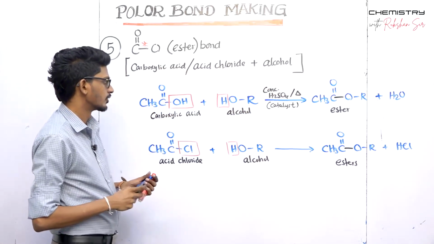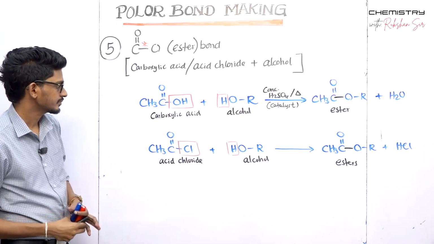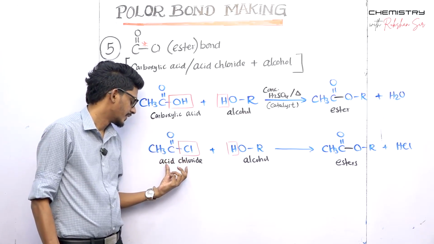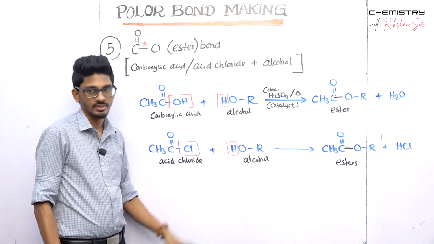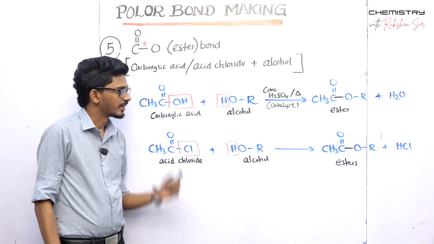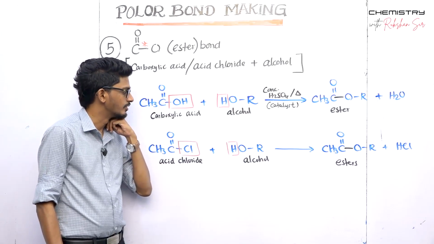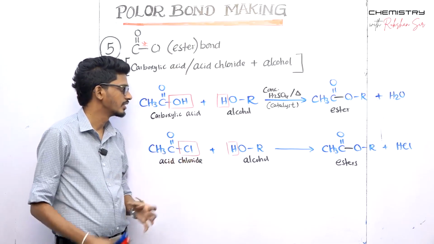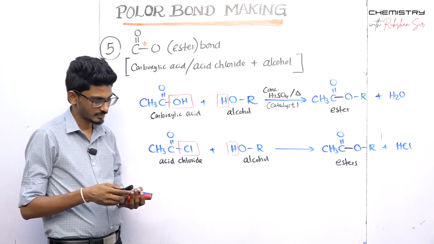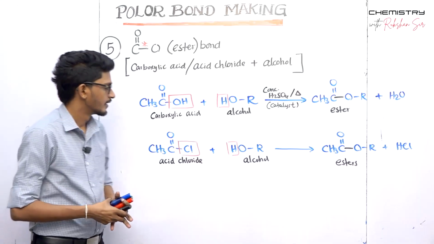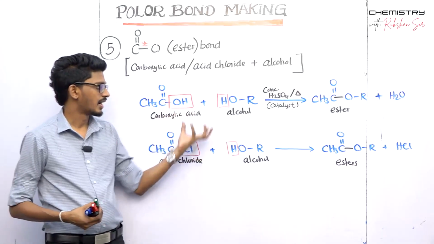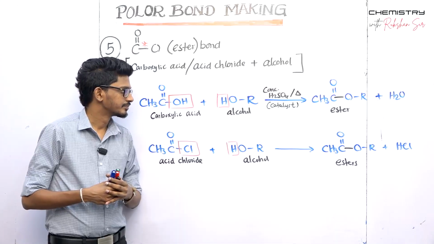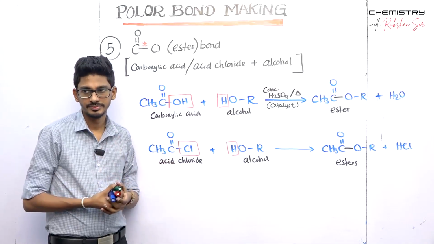There are two methods, with the use of a carboxylic acid as well as an acid chloride, to create esters. The important thing to note is that with carboxylic acid you need a catalyst, and with acid chloride there is no need of a catalyst. Both pathways have positives and negatives.